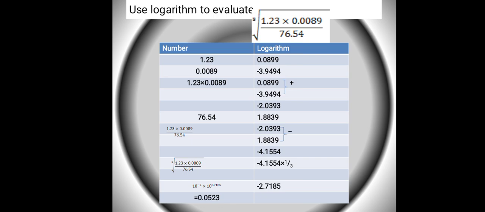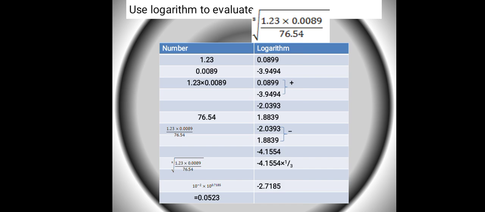The logarithm of 0.0089 is 3.9494. Multiplying the numbers means adding the logarithms, and we get 2.0393. The logarithm of 76.54 is 1.8839.